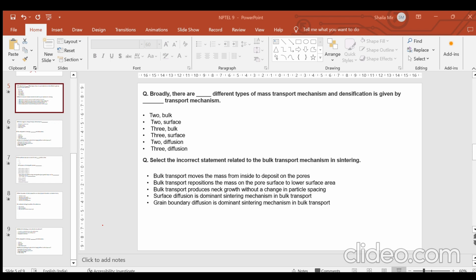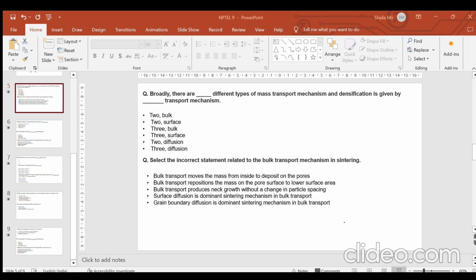Bulk transport repositions the mass on the pore surface to lower surface area. Bulk transport produces no growth without the change in contact spacing. Surface diffusion is dominant sintering mechanism in bulk transport, and grain boundary diffusion is dominant sintering mechanism in bulk transport. So the right answer is bulk transport moves the mass from inside to deposit on the pore.